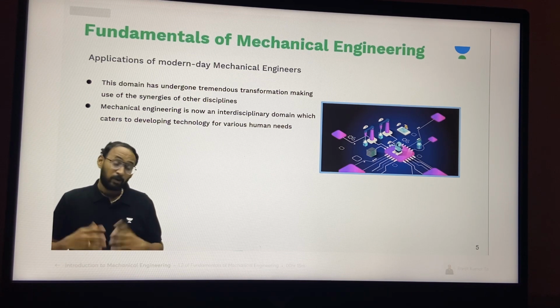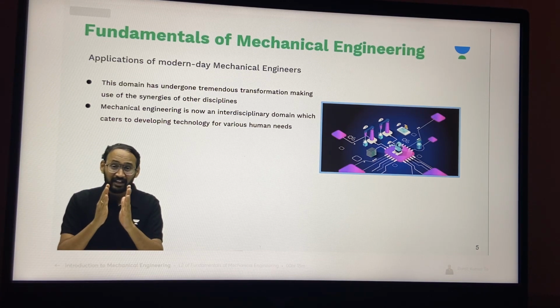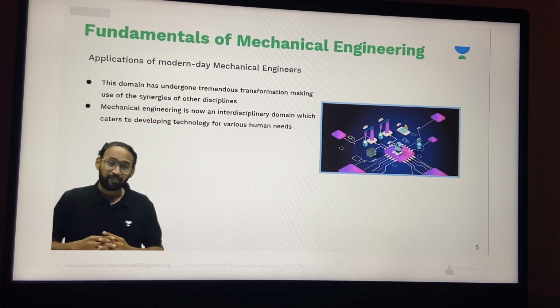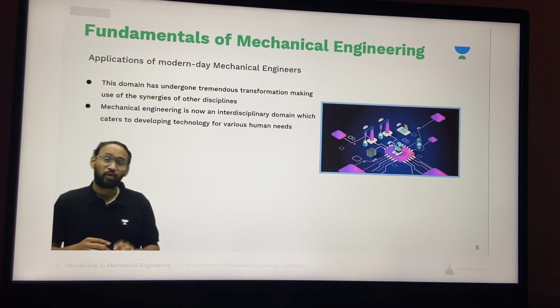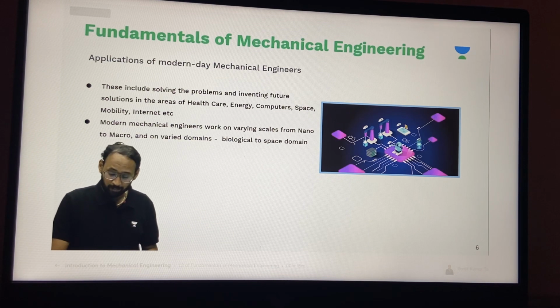As I said, mechanical engineering is now an interdisciplinary domain. You can't literally see a mechanical engineer working only in silos and focusing only on purely mechanical topics. Now the scope of the product has increased, and this requires mechanical engineers to focus on a lot of problems outside the scope of what he or she was handling before.